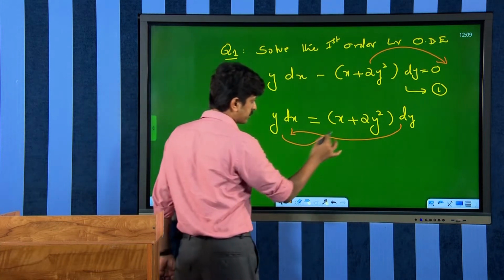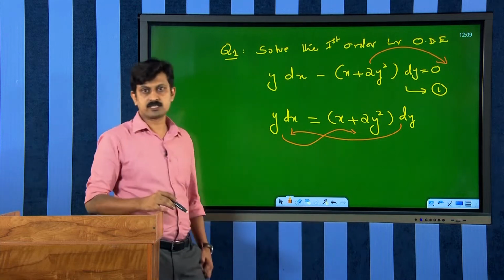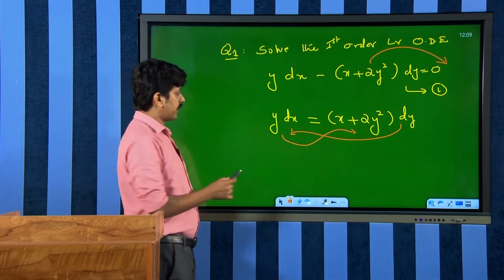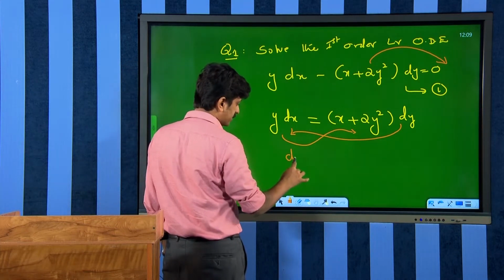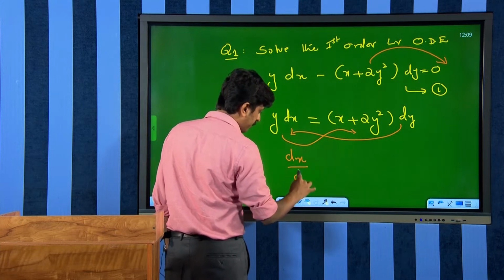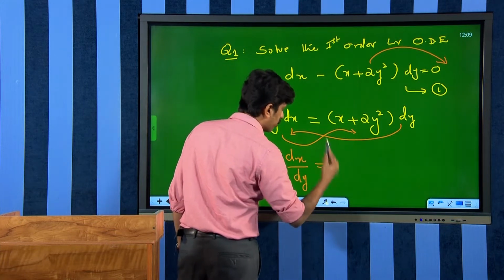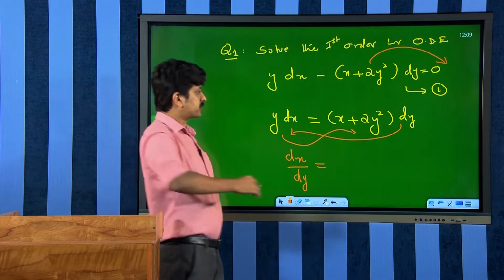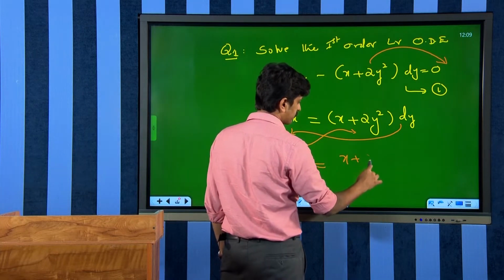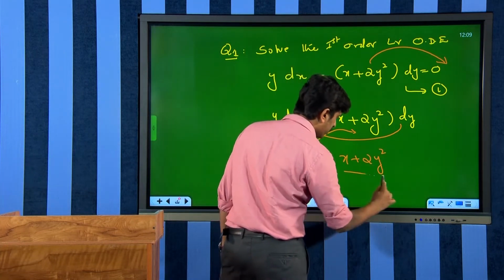I would like to take this y to the right-hand side. So we will have dx divided by dy is equal to (x plus 2y square) whole divided by y.